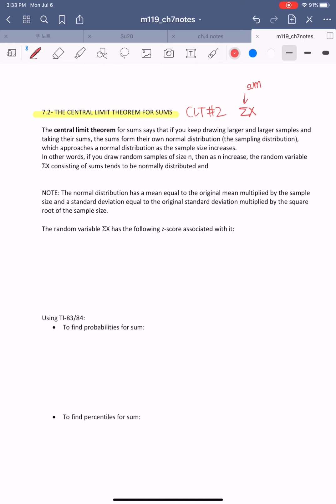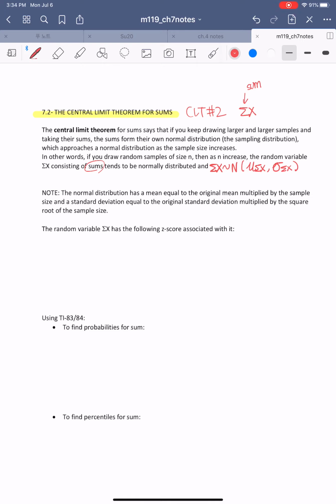The notation we will be using is now sigma x, not x bar. Why? We are looking for the sum, and it's going to approach normal. So the notation is mu of sigma x and standard deviation of sigma x.